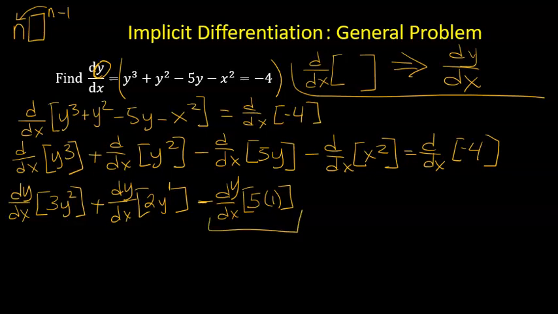This example is why it's so important to give every single term the template d dx. I know it's really easy to skip it because you feel like, okay, I don't need it. I kind of got this down. But the thing is, if you did not do d dx, you'll look at this, glance over, and go, oh, there's no y here. It's just d dx. But it's not just d dx.